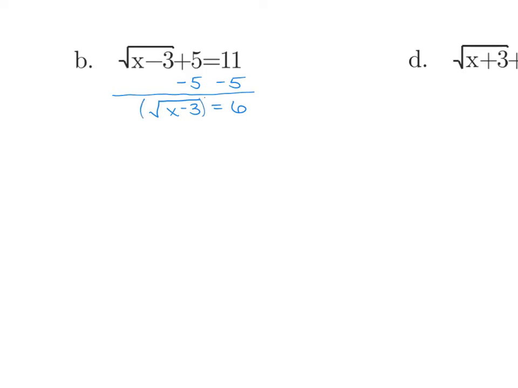We go ahead and square both sides. On the left, my square root and my square cancel, leaving me with x minus 3. And on the right, we get 6 squared is 36. To finish solving, we're going to go ahead and add 3 to both sides. And we get x equals 39.